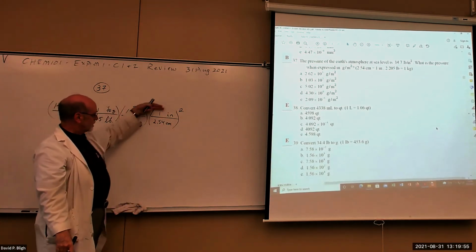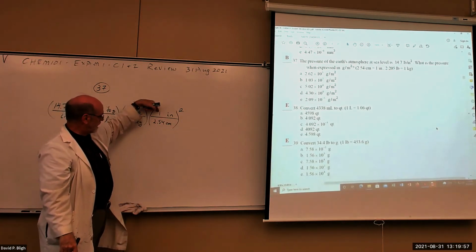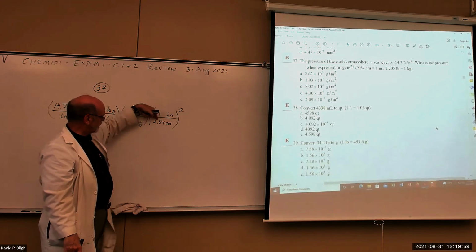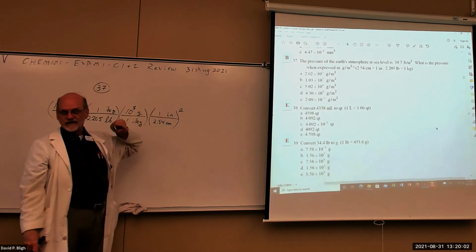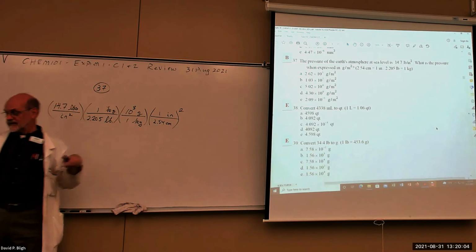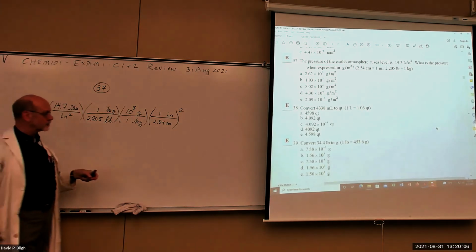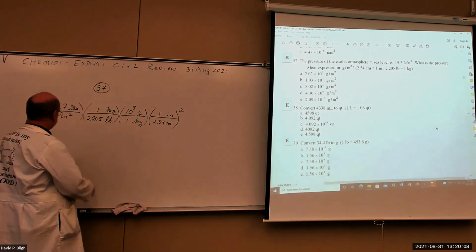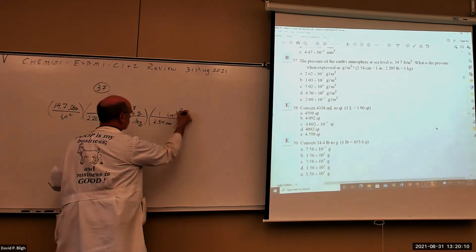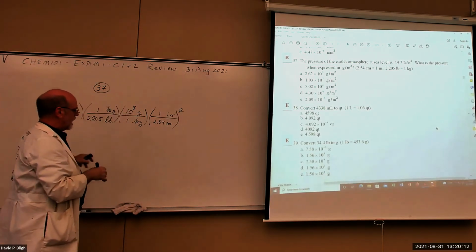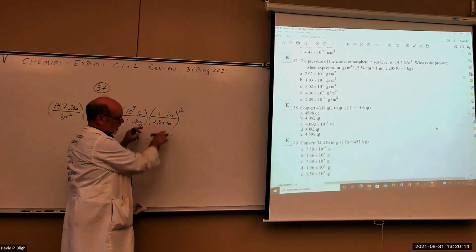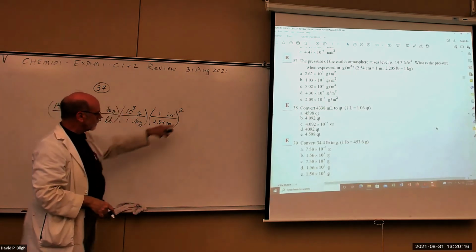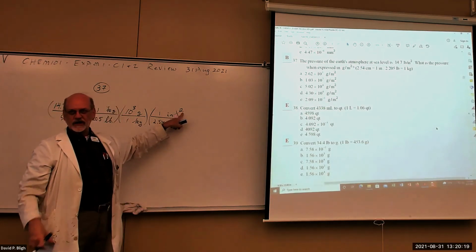Okay. That means this squared, that squared, divided by this squared, that squared. That's the rule of exponents. So we got that one done. And this is going to be squared once that is squared. So don't lose track of that too when you're doing your calculation.